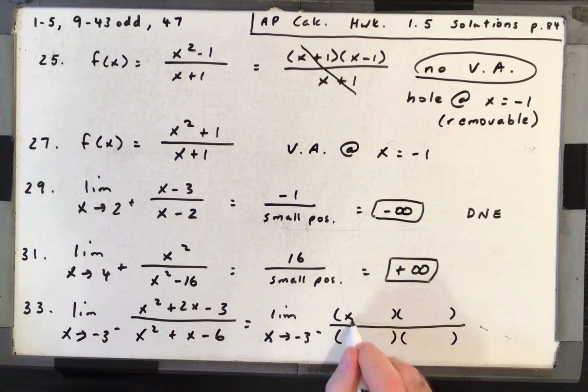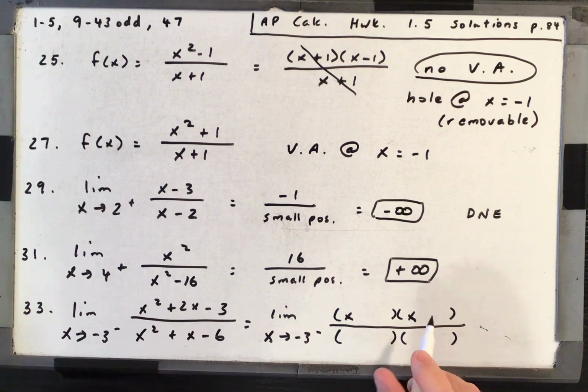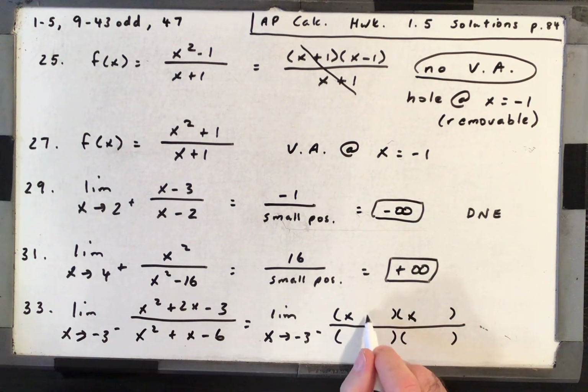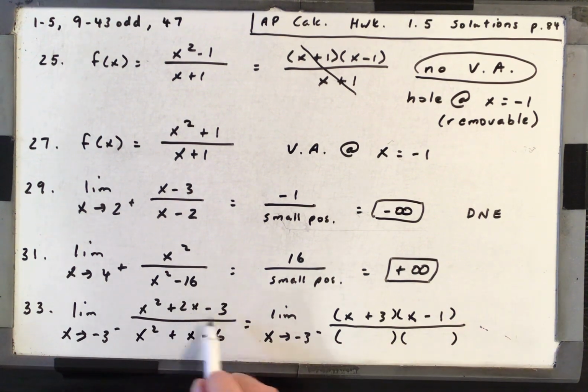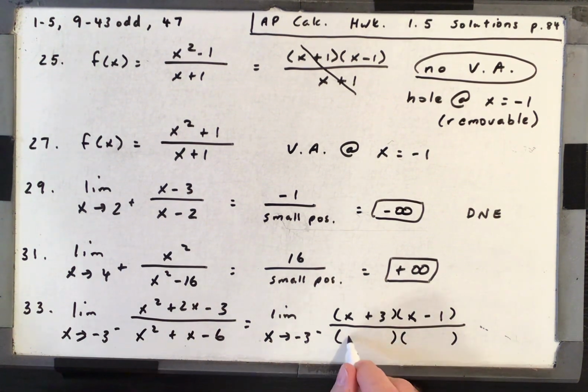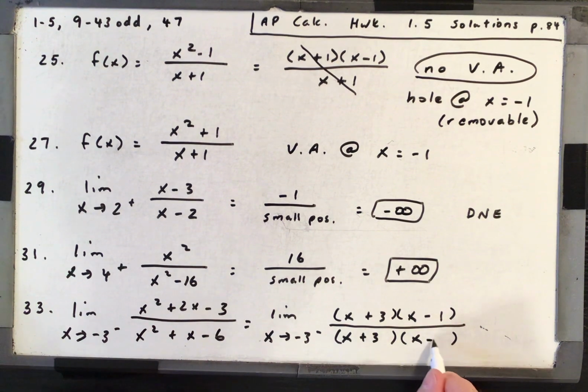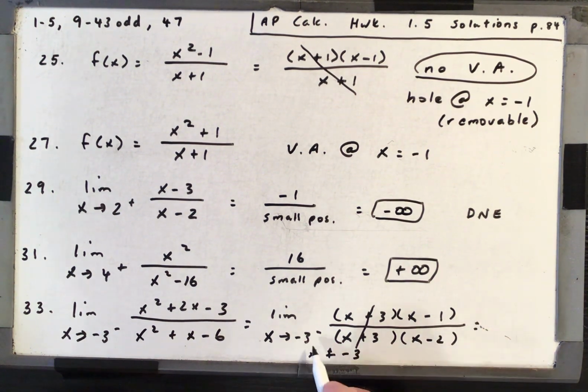Okay, we've got x, how about plus 3 minus 1? That'd give you a positive 2 in the middle, negative 3 on the end, and on the bottom, x, and then how about plus 3 minus 2? So we can cross that out as long as x does not equal negative 3. So I've got x minus 1 over x minus 2.